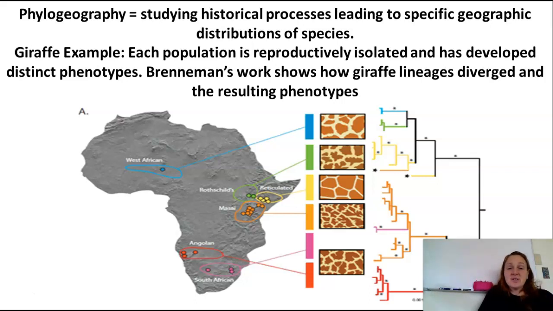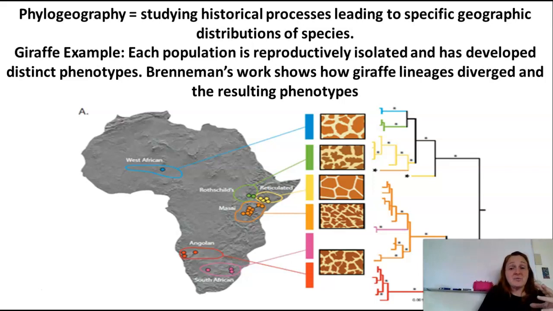So this first example shows us the different populations of giraffes. And the interesting thing about those is that they are geographically isolated from one another, and we see morphological changes. So our phylogenetic tree is showing the relatedness between these different giraffe populations, and then we've mapped that onto the geographic locations across the continent of Africa.